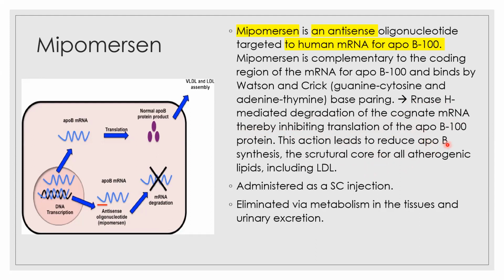So, as I said, they want to reduce the ApoB. So the ApoB mRNA, from DNA transcription, with an antisense oligonucleotide like mipomersen, will decrease the mRNA through degradation, so it will affect the LDL and VLDL assembly.